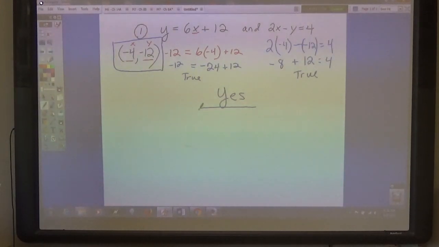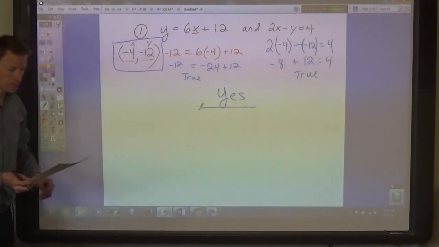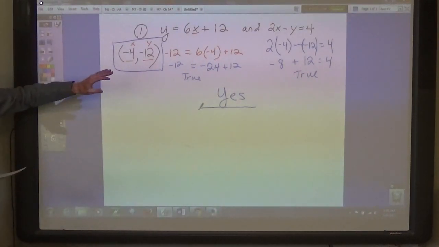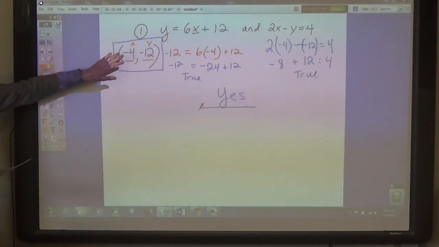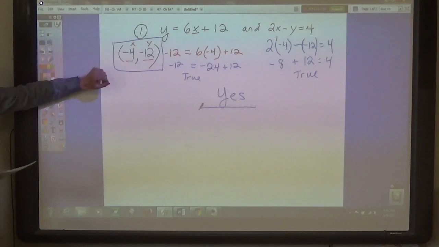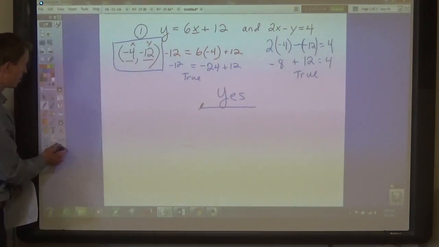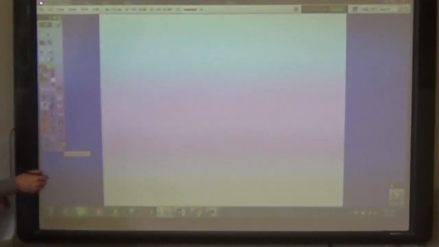Now, go back to the other side. No. Go back to the reteaching side. Here it gives you an example of two equations, and what we're going to have to do is graph them to find the solution, and then check the solution. All right?